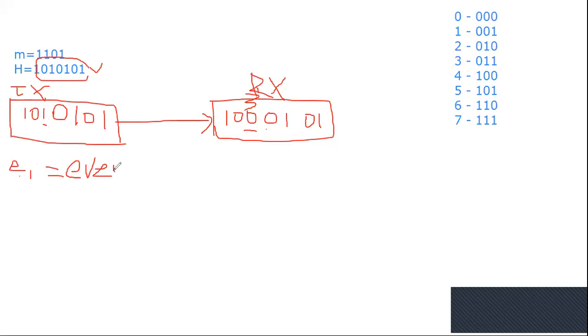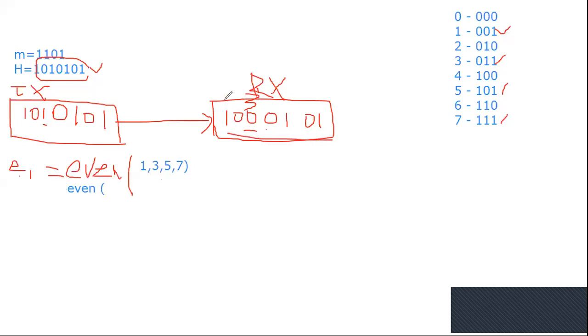So E1 equals the even parity of bits 1 3 5 7. This is the receiving information.